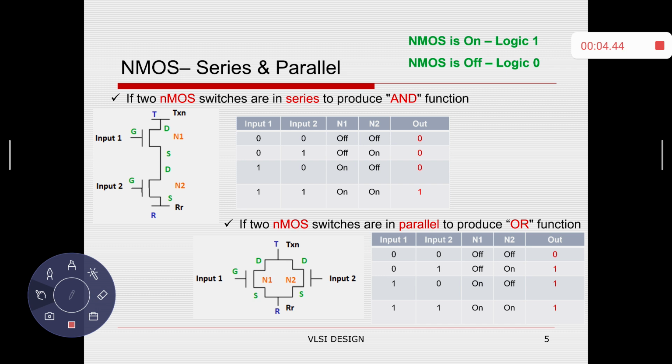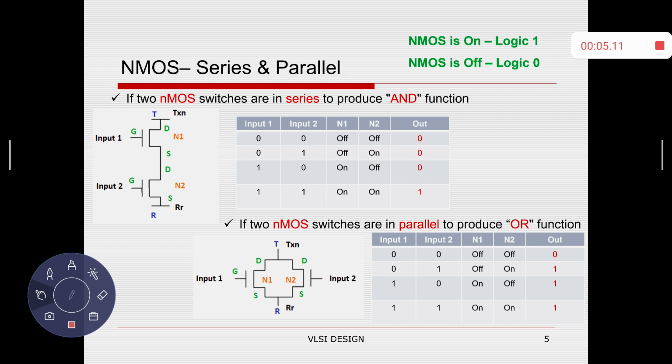The first representation indicates two NMOS transistors N1 and N2 connected in series. I call one point the transmitter point, T, and the other the receiver point. Let's assume that when the information is connected at the transmitter section, if it reaches the receiver section, then the output will be 1.